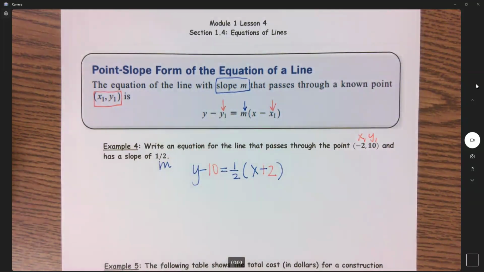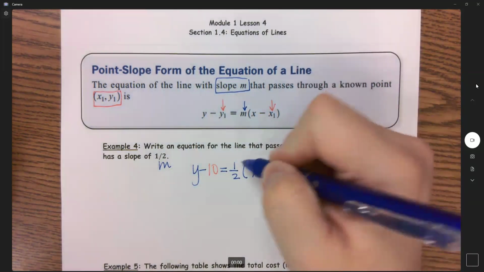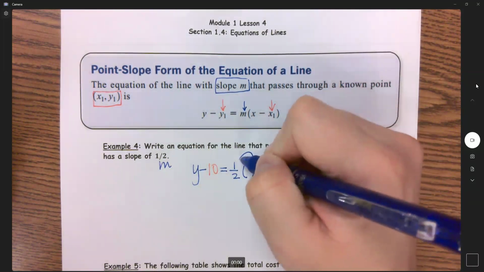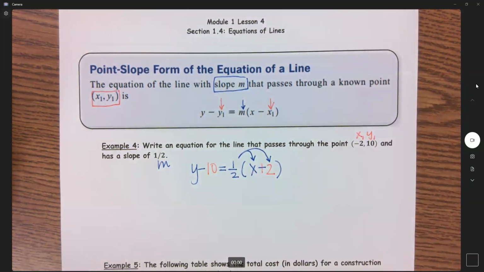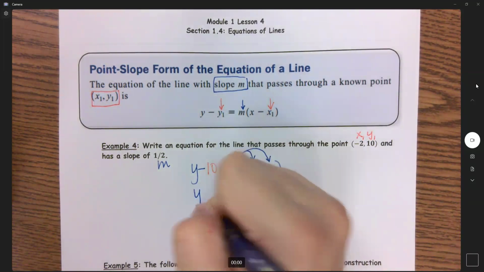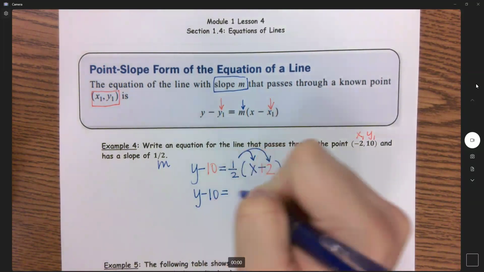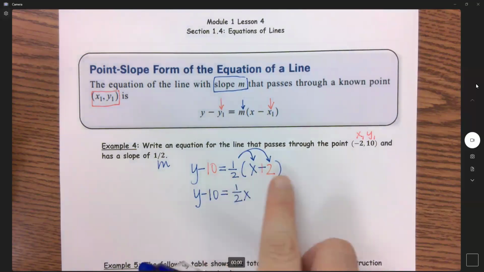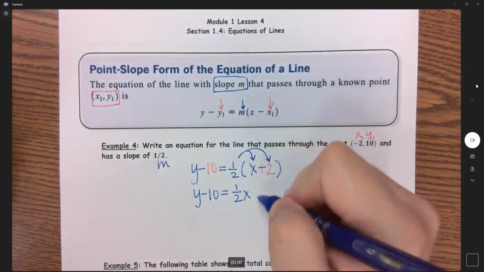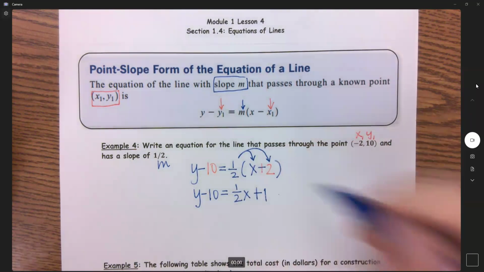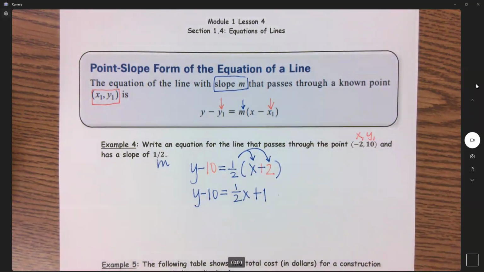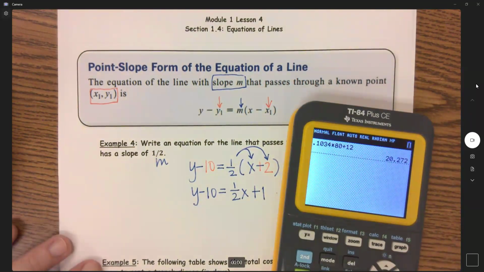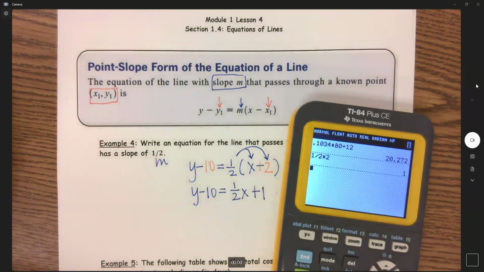So now let's put this into slope-intercept form. It's going to be the same 2 steps every single time. First thing I'm going to do is distribute in that slope. So y minus 10 equals 1/2 x. 1/2 times 2 is 1. Right, if you have 2 halves, that makes a whole, or use your calculator. 1 divided by 2 times 2 gives us 1.